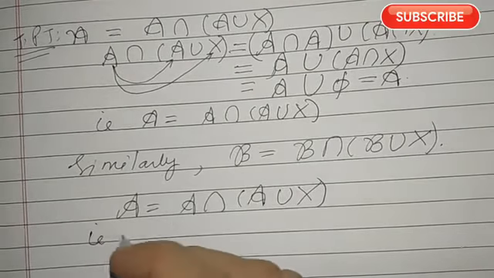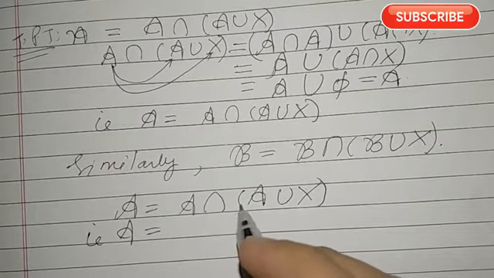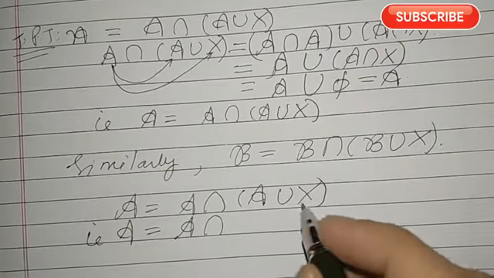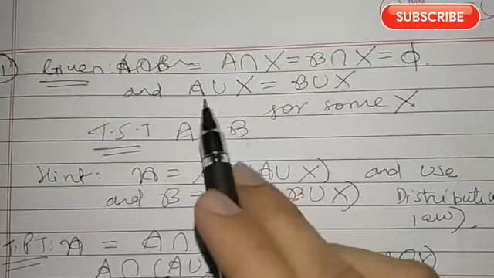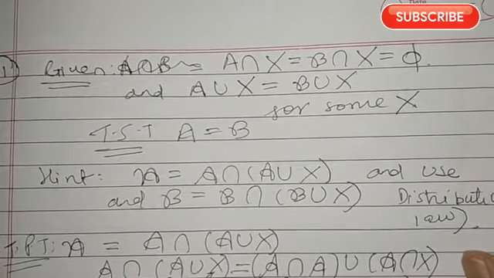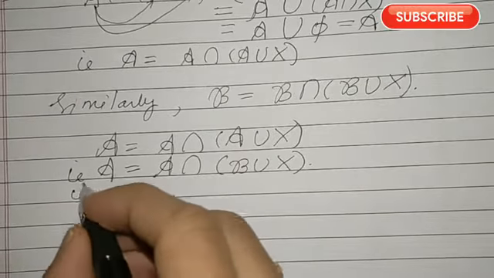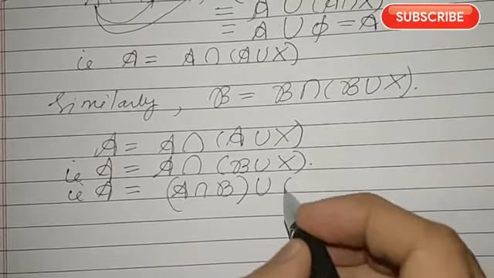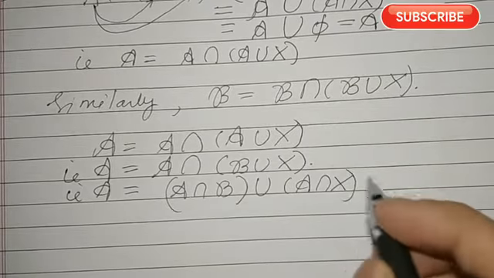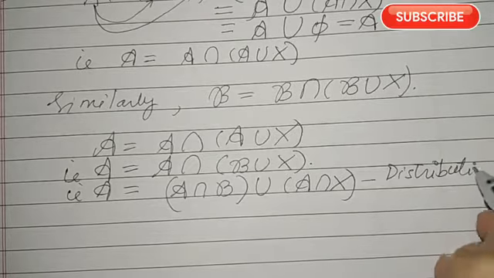Now you again use what is given to you: A union X is equal to B union X. So A is equal to A intersection (B union X), and that is A is equal to (A intersection B) union (A intersection X). This is by the distributive law.